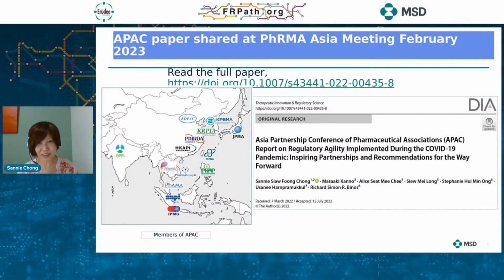What you will see in this paper are some areas that we have highlighted, what we call regulatory agilities to be implemented. There are 4 practices that we recommended and worked on together with our regulators.